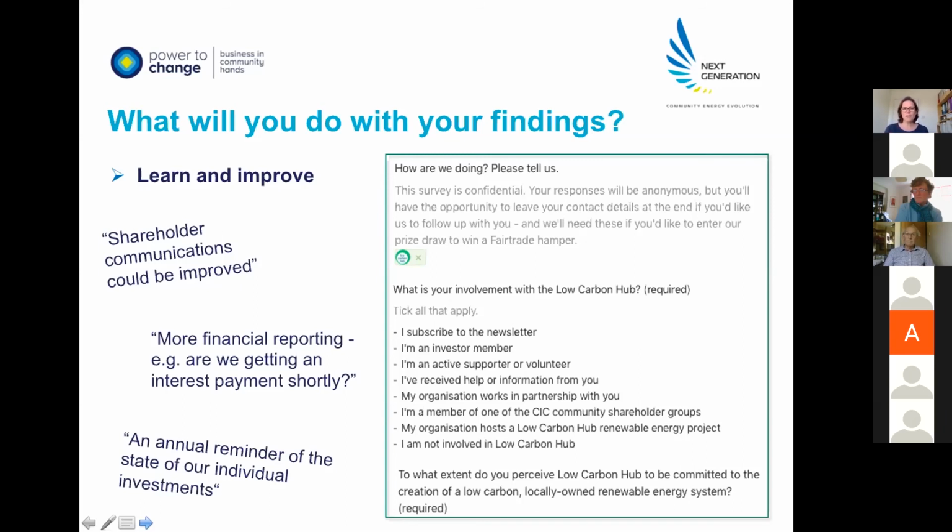So as I said, this particular survey is one that we do for our members. And one of the biggest and most important things I think you can do as you're collecting your evidence and evaluating is about learning and improving. It might be something as basic as if you're seeing that your solar park isn't generating what's anticipated.